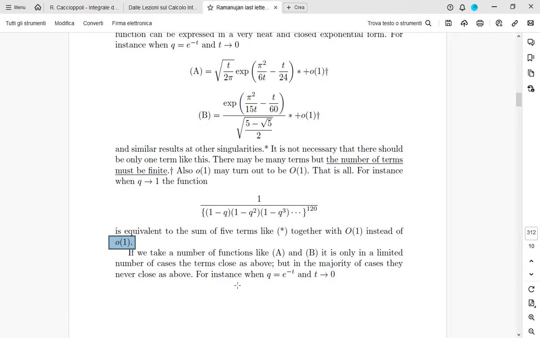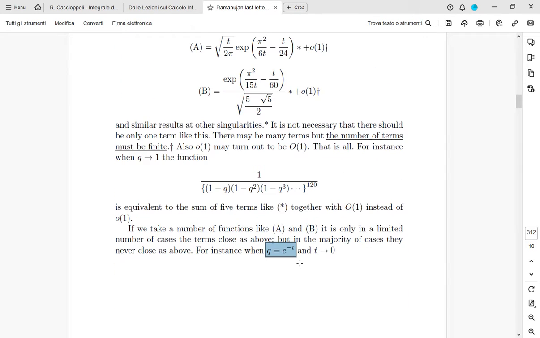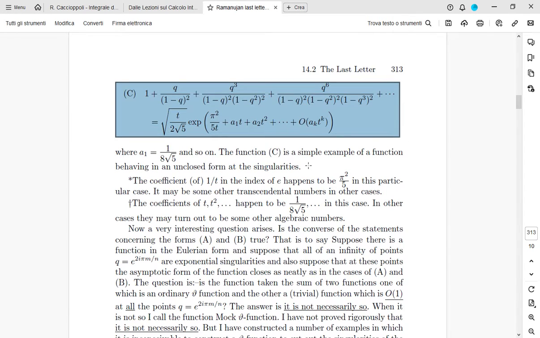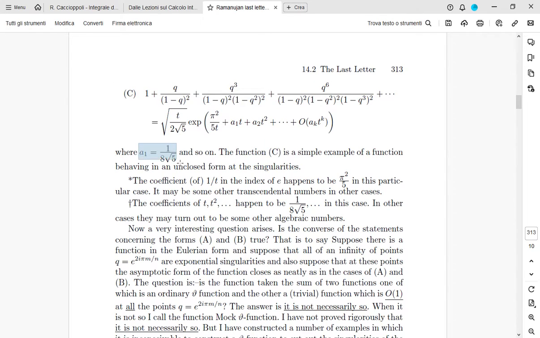For instance, when we have this formula and t tends to 0, we have the following interesting relation, where this term is equal to 1 over 8 square root of 5, and so on.